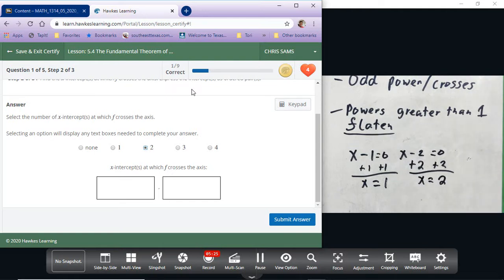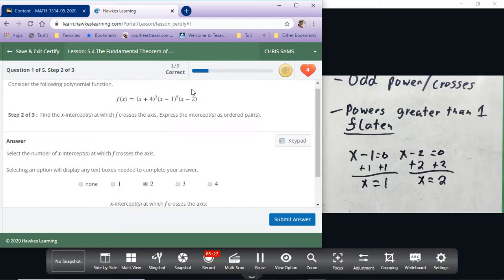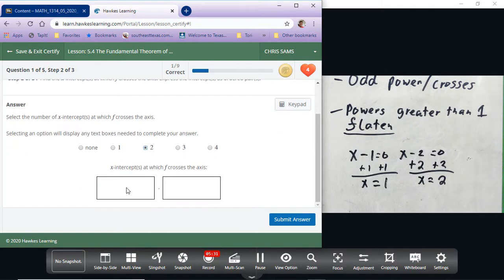Alright, are we asked to express intercepts as ordered pairs? Okay, so now we're given the x value, so the y is 0. So 1 comma 0, and then we'll have 2 comma 0.